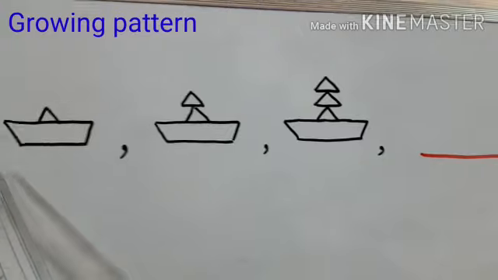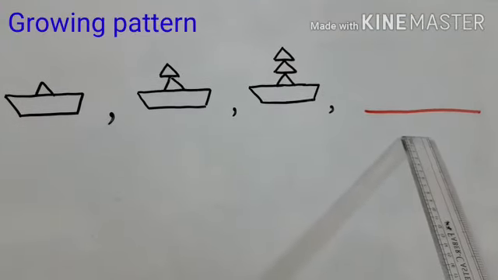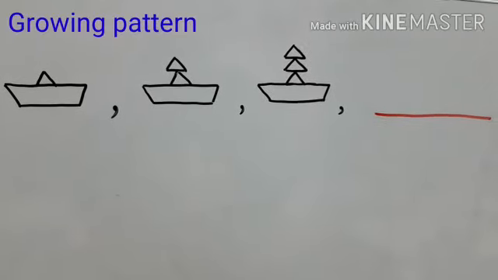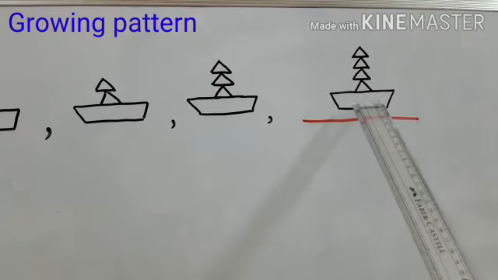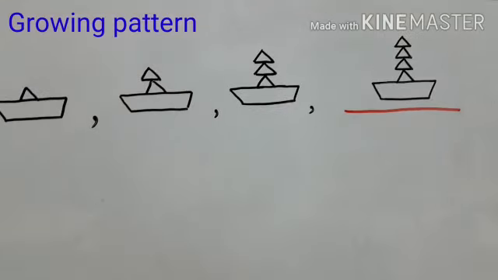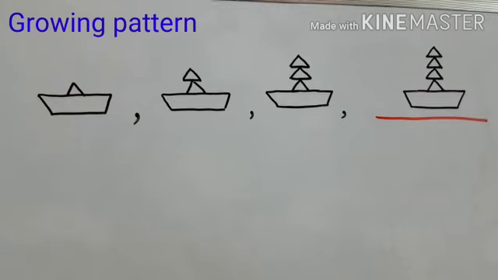If we follow the pattern, which will be the fourth figure? Yes, children, the fourth figure will be a boat with four triangles. So this is an example of a growing pattern.